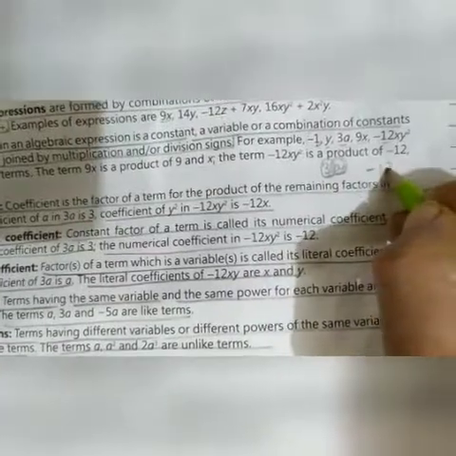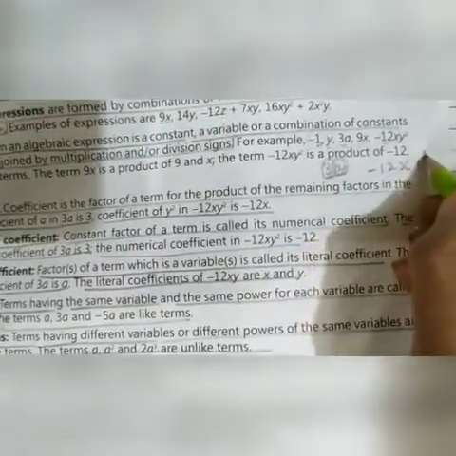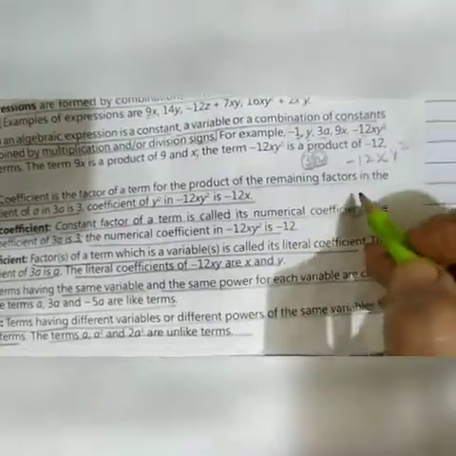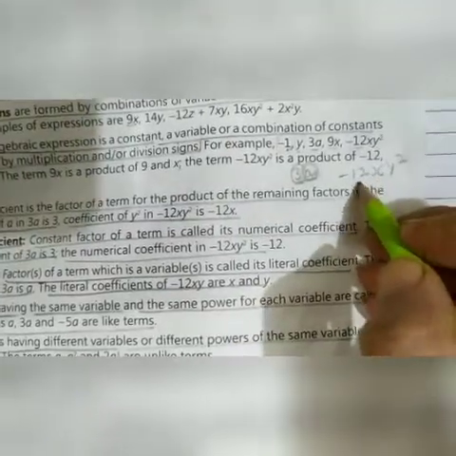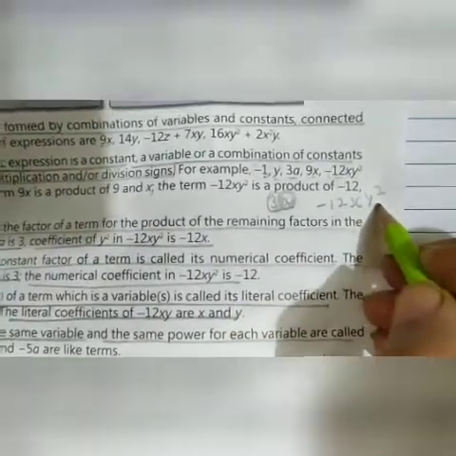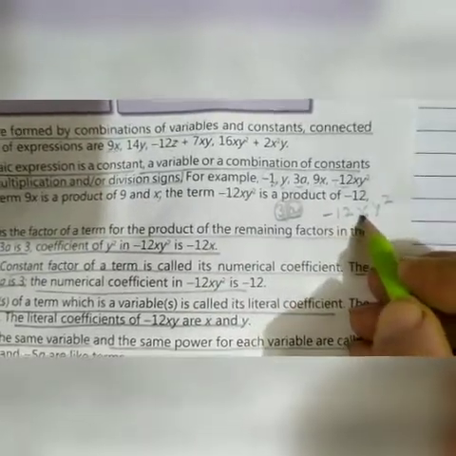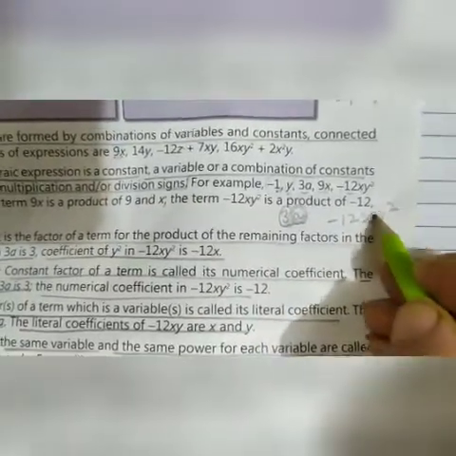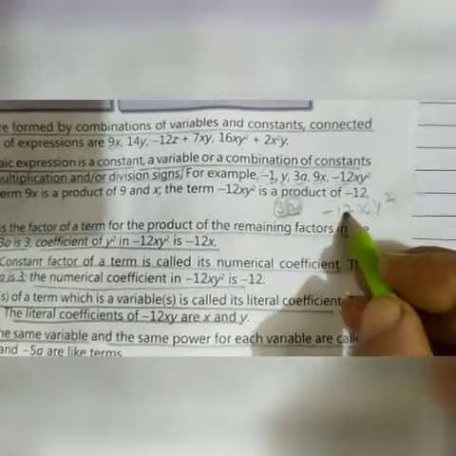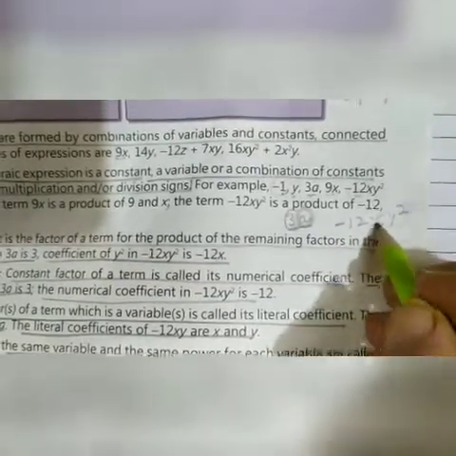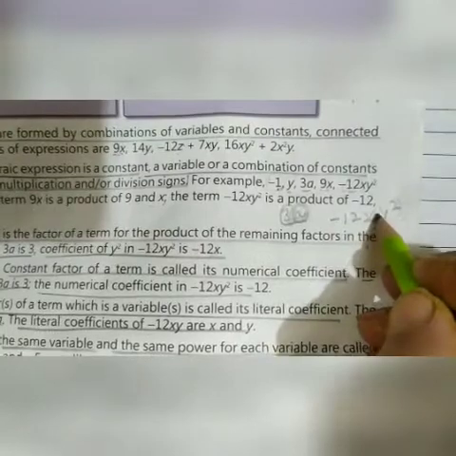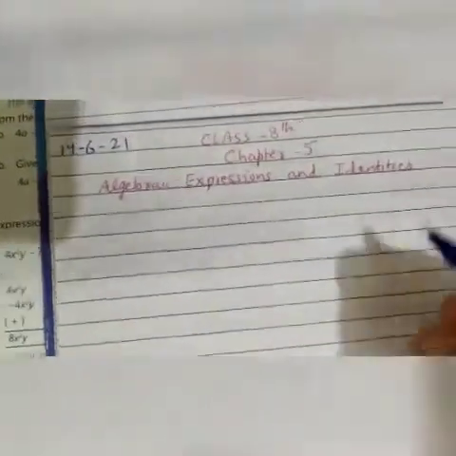If I ask what is the coefficient of y square, then we will say minus 12x. And if I ask for the coefficient of x, see here, I will explain you here.